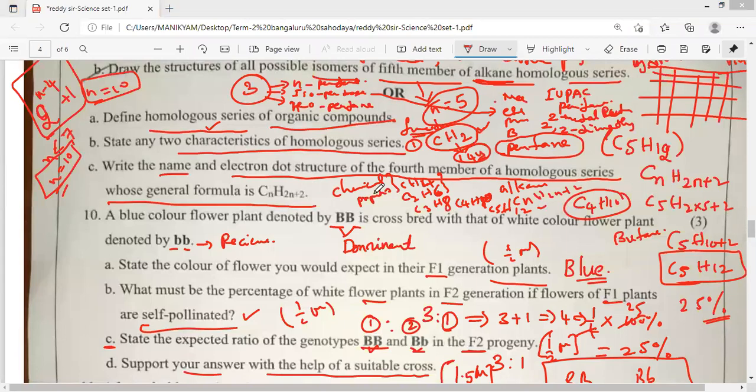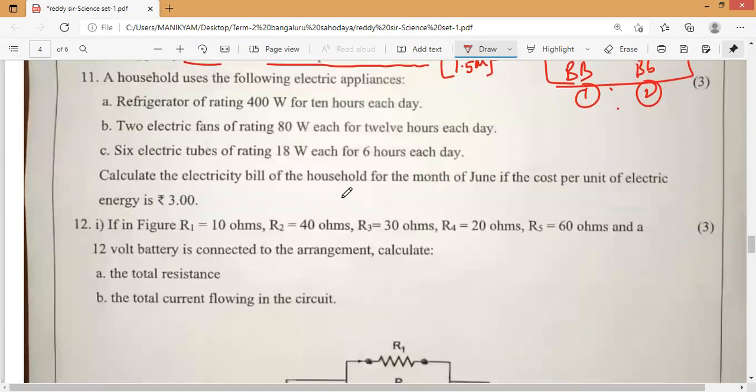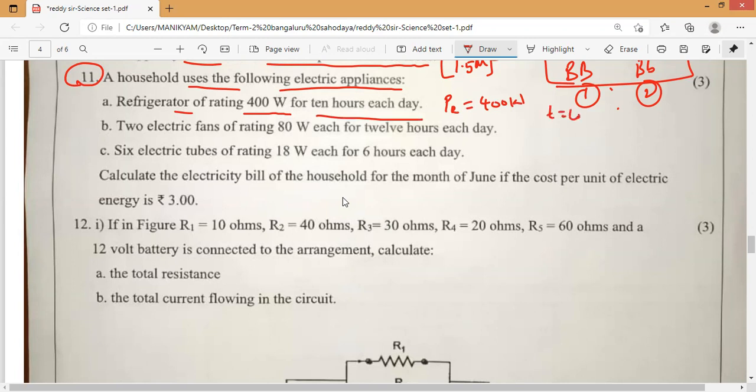Arvind? So next is the 11th question. You read it and we have to solve it. This is physics. A household uses the following electric appliances. Refrigerator of rating 400 watt, so power of a refrigerator is equal to 400 watt, for 10 hours per day, so time period is equal to 10 hours.